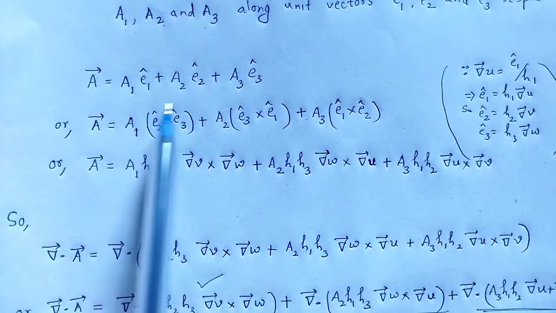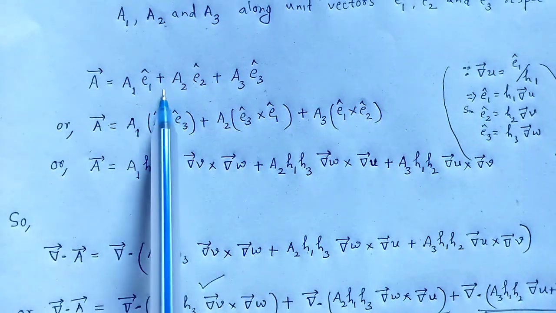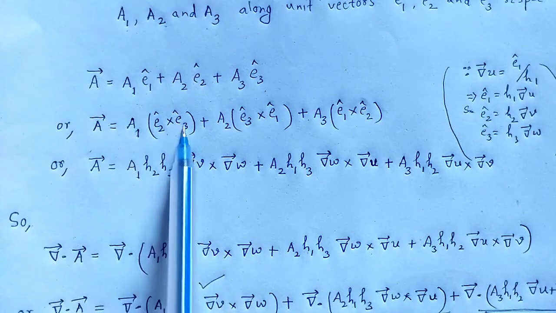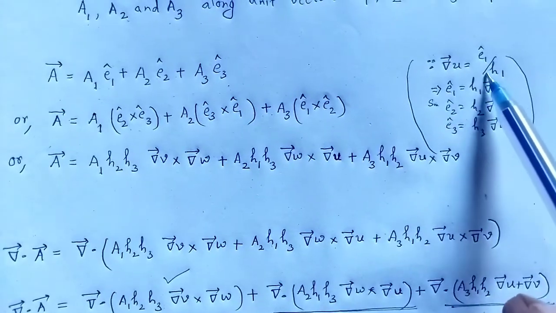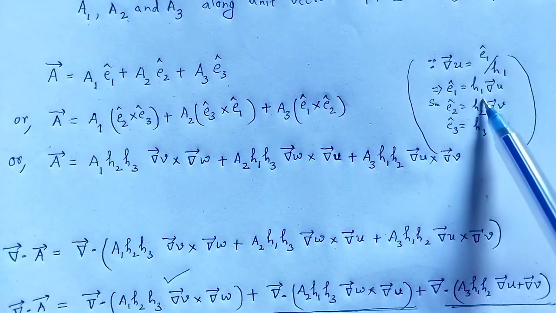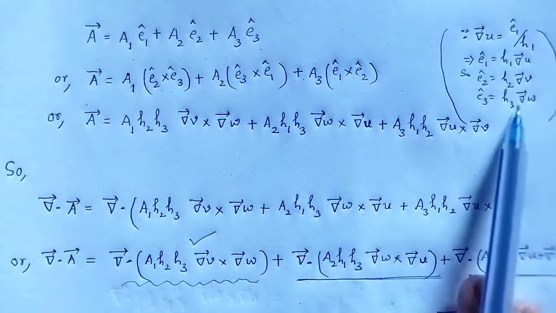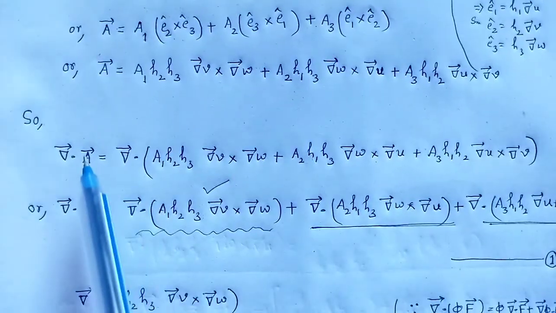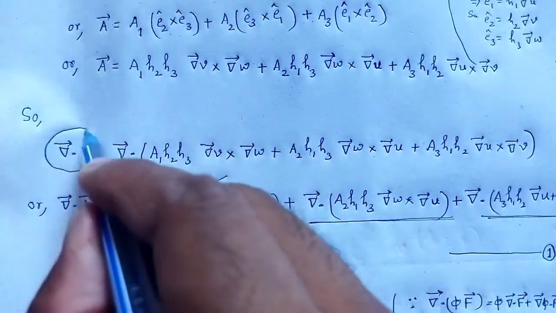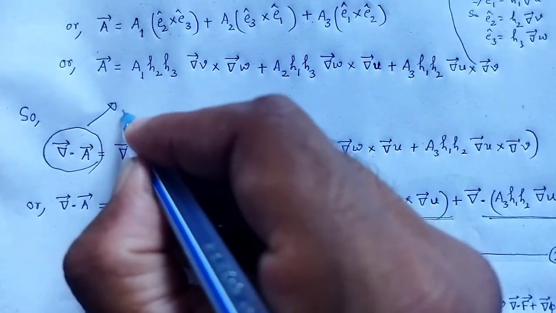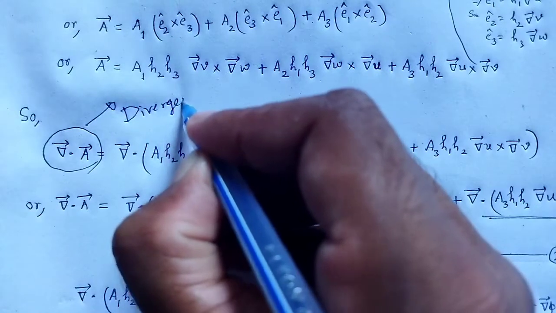We write A vector in terms of its unit vectors, and in place of e1 cap we write e2 cross e3 cap, similarly, and we substitute grad u is equal to e1 cap divided by h1, that's why e1 cap is equal to h1 grad u. In this manner we expand this term, and now the dot product with grad of that particular vector is nothing but the divergence.